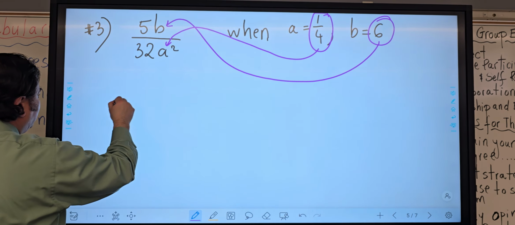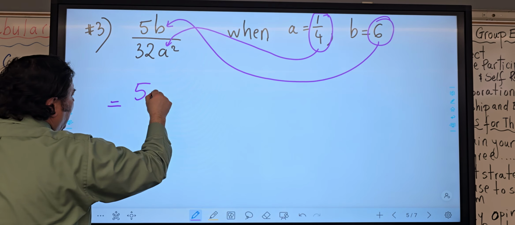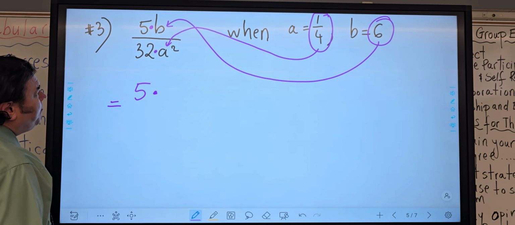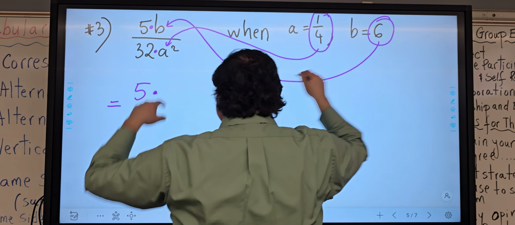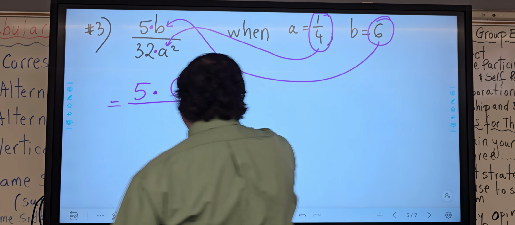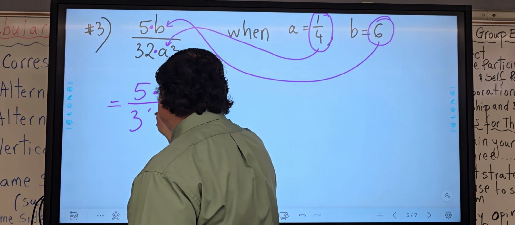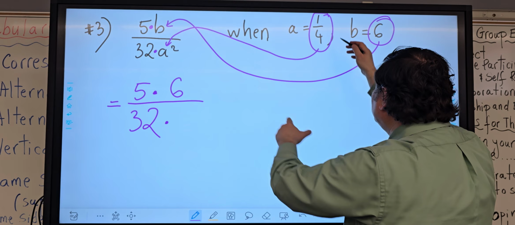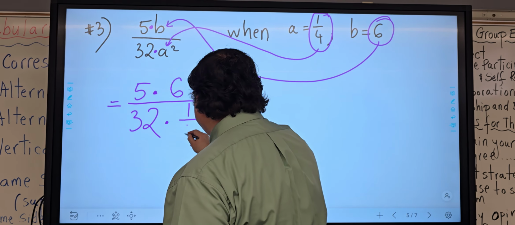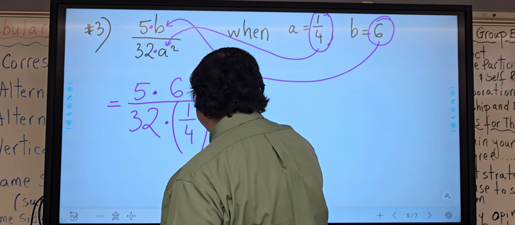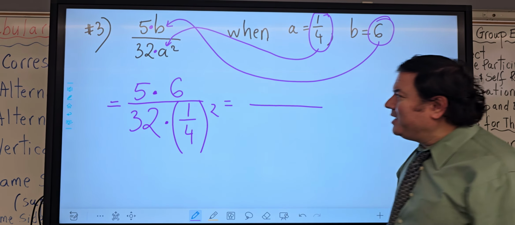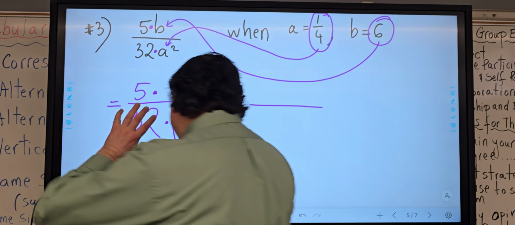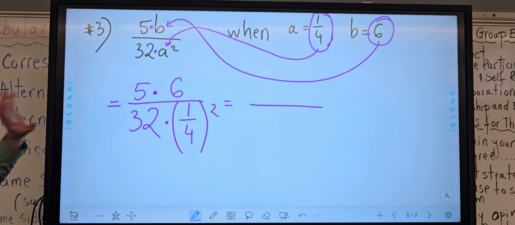So let's start from the beginning. We have 5 times B over 32 times A squared. Instead of B, we put 6: 5 times 6, divided by 32 times, instead of A, 1 over 4 squared. It looks complicated, but actually it is not.